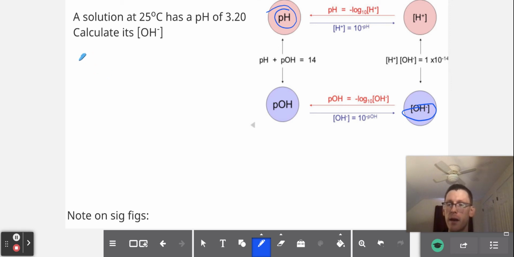So we have a pH equal to 3.20. So I'll use the antilog. I will say that 10 to the negative pH equals 10 to the negative 3.2.